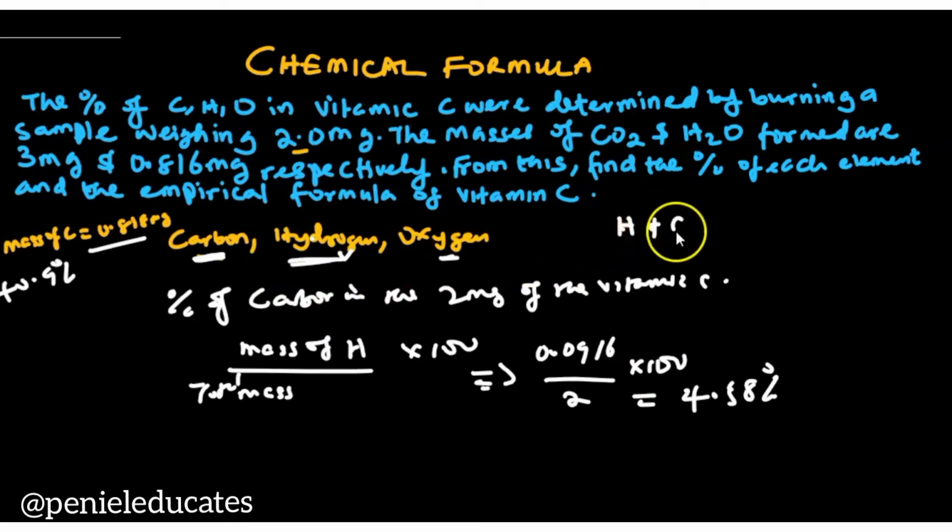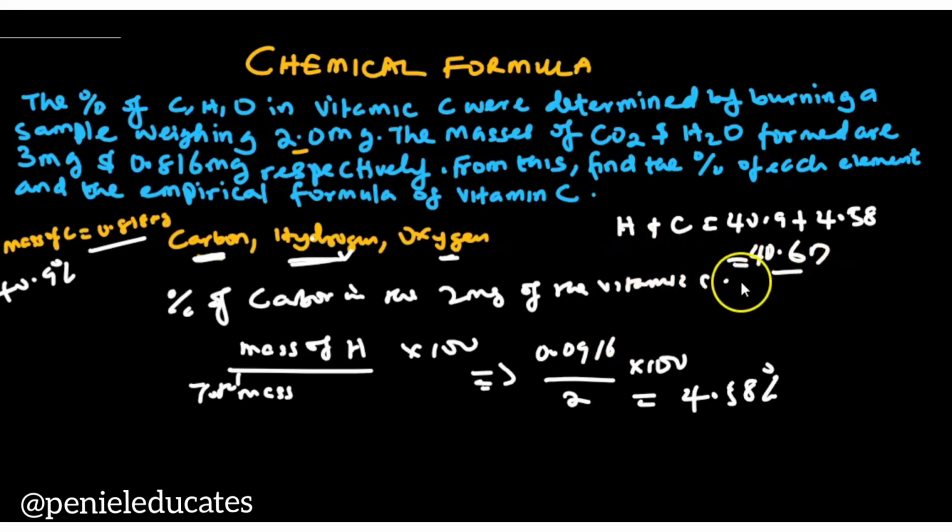So that means we have the percentage composition of hydrogen and carbon. Hydrogen plus carbon is 40.9 plus 4.58. If you look at that, it's going to give you 45.48.